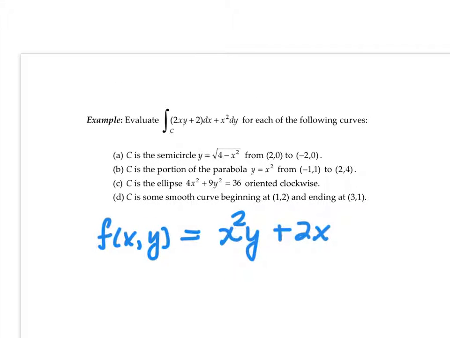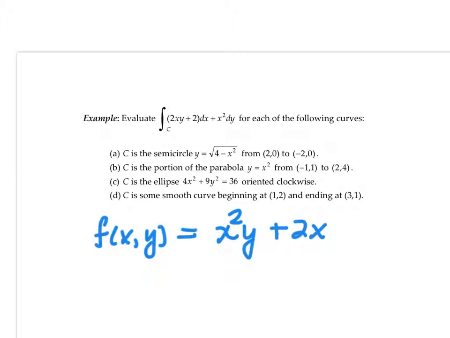Okay, so in part A we're integrating over a semicircle, the semicircle y equals square root of 4 minus x squared. It begins at (2, 0) and ends at (negative 2, 0).